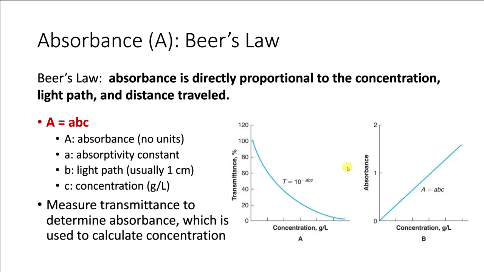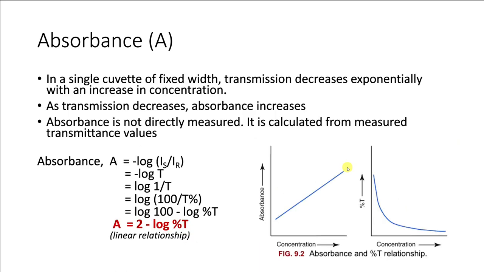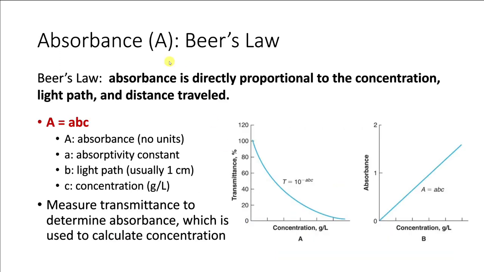So, this linear relationship, where absorbance is plotted against concentration, is called Beer's law. Beer's law states that absorbance is directly proportional to the concentration, light path, and distance traveled.